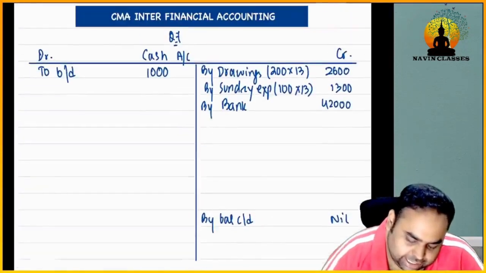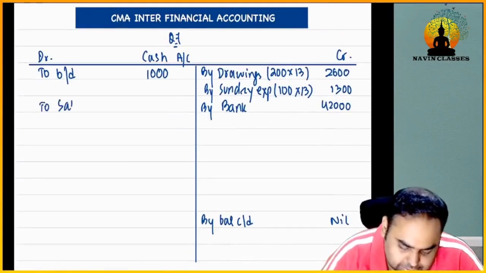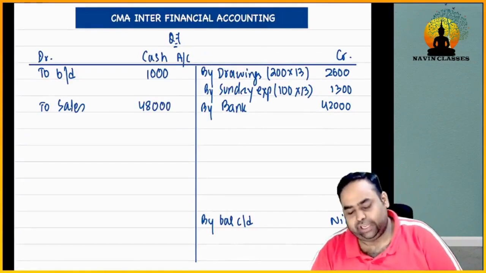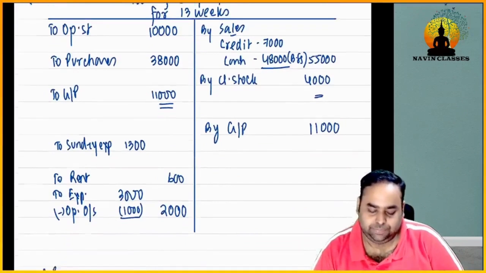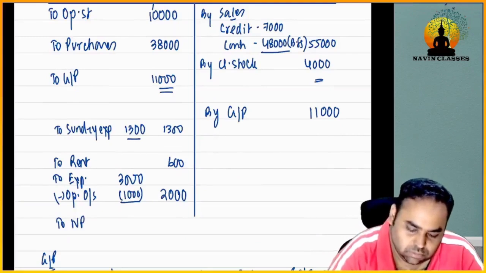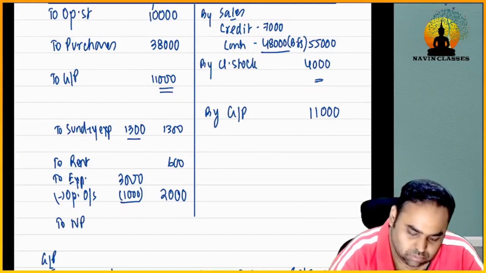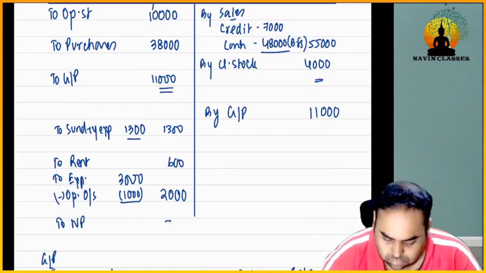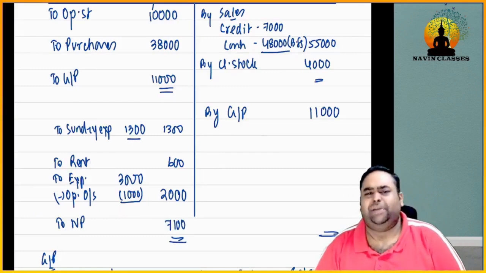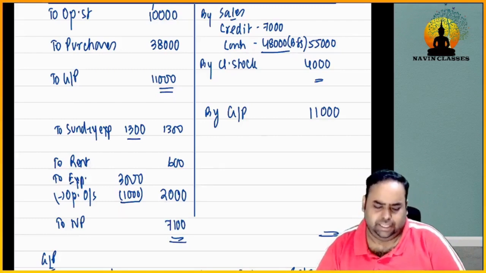Cash sales will be recorded in the cash account as to sales, 48,000. To sales, 48,000. So I have closed and completed the P&L.